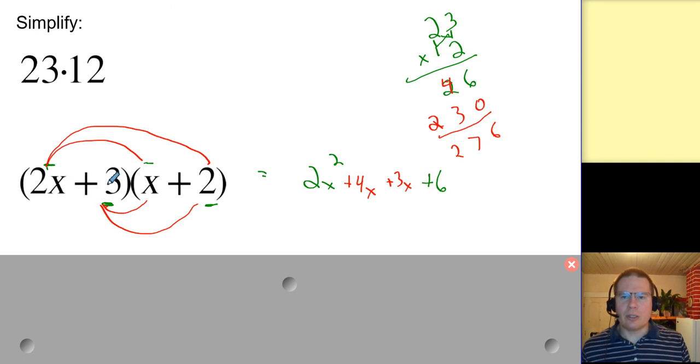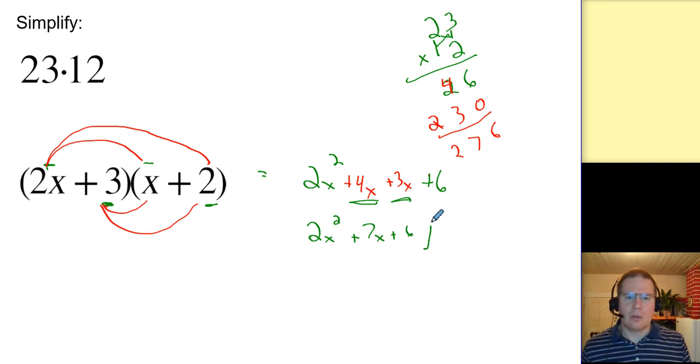Then I move to the next term here. Take my 3, multiply it by both of these terms, 3 times x, 3 times 2. Then if I have like terms, x and x are like terms, I add those up. And you get my answer.